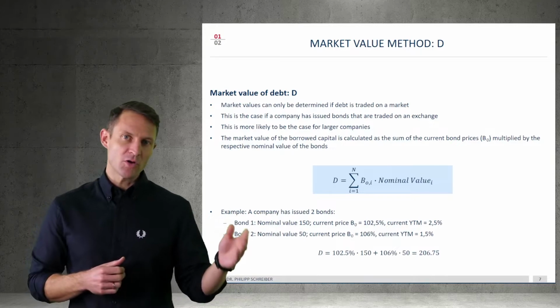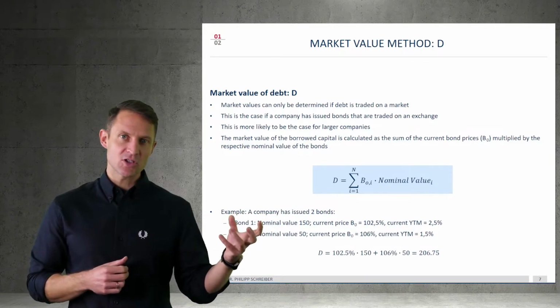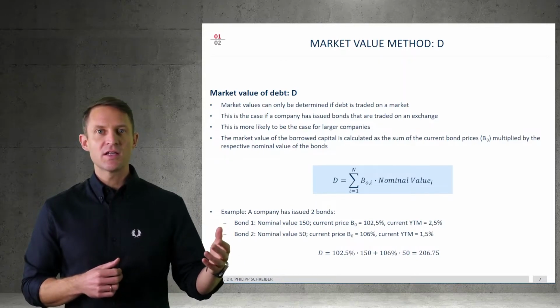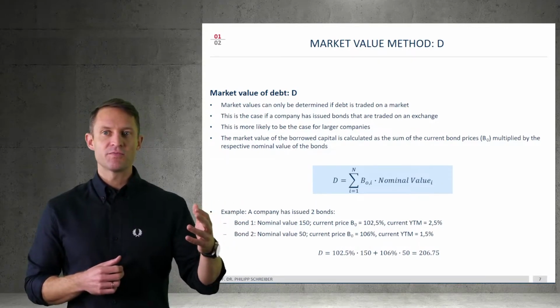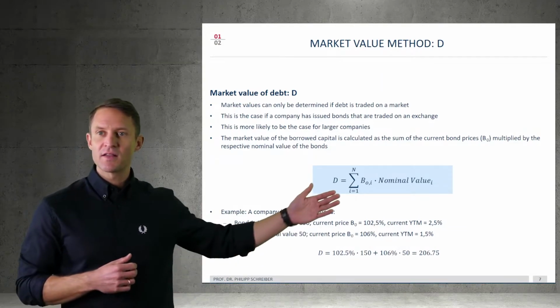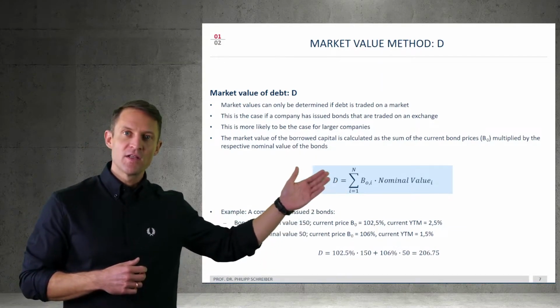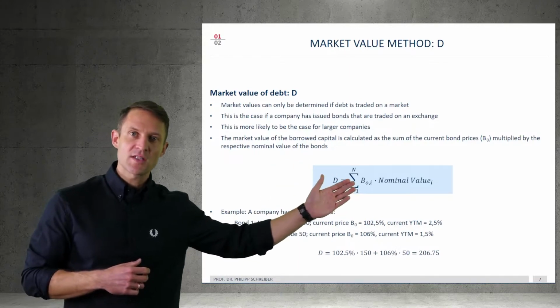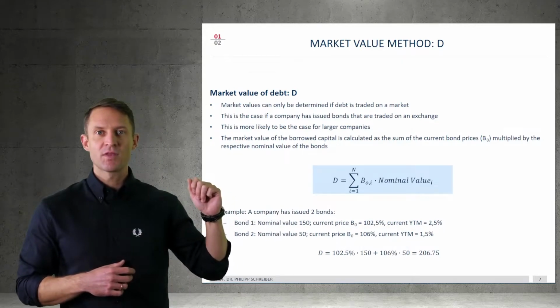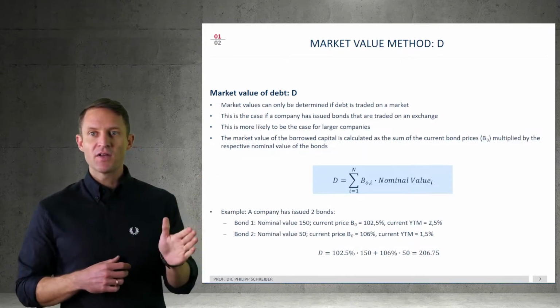You remember the bond price is always given in percentage of the nominal value. If you're interested in a euro amount, it is bond price times nominal value. So you can see here in this blue box, this is how you would calculate the market value of debt. You would need all outstanding bonds and you need to take the price and multiply it with the nominal value.